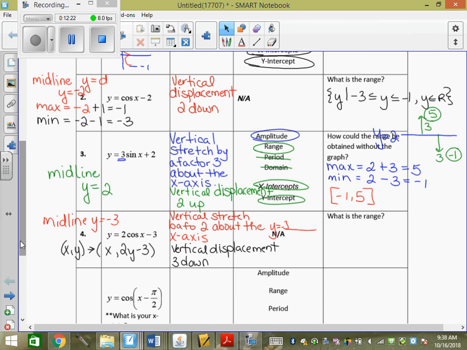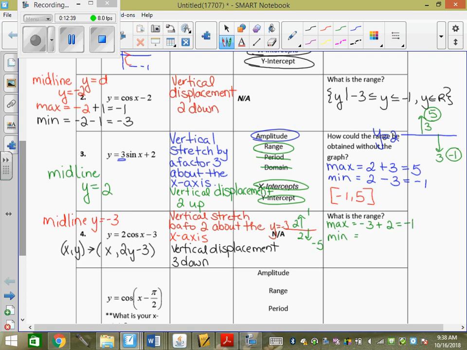And then we're going to go up 2 to get to negative 1, and then down 2 to get to negative 5, right? So our max equals negative 3 plus 2, which is negative 1. And our min equals negative 3 minus 2, which is negative 5. So our range is y such that, low to high, negative 5 is less than or equal to y, less than or equal to negative 1.